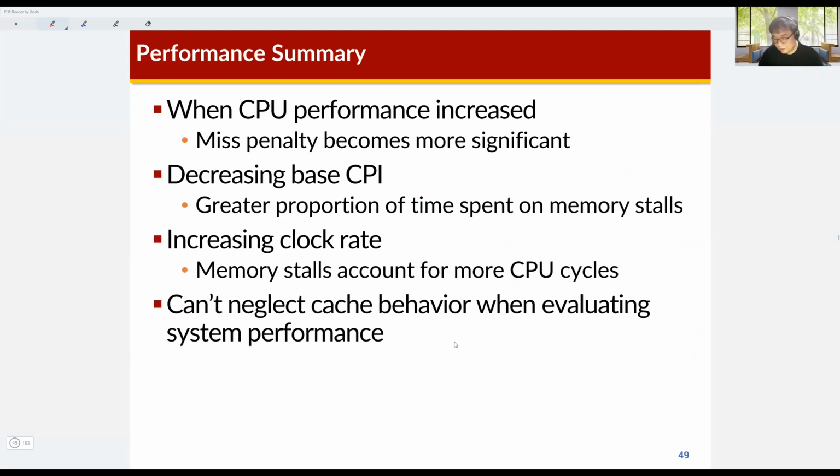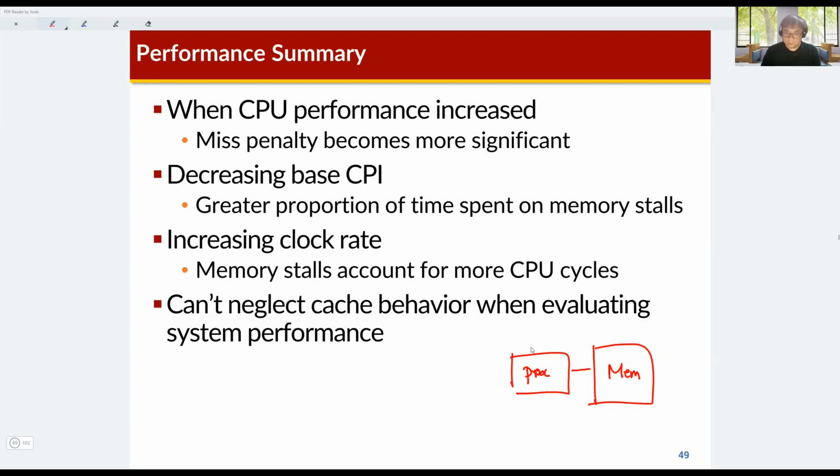Let's summarize the performance factors of cache memories. You can think of it like this: there is the processor or core, and there are the memory systems, and usually the processor is faster than memories.